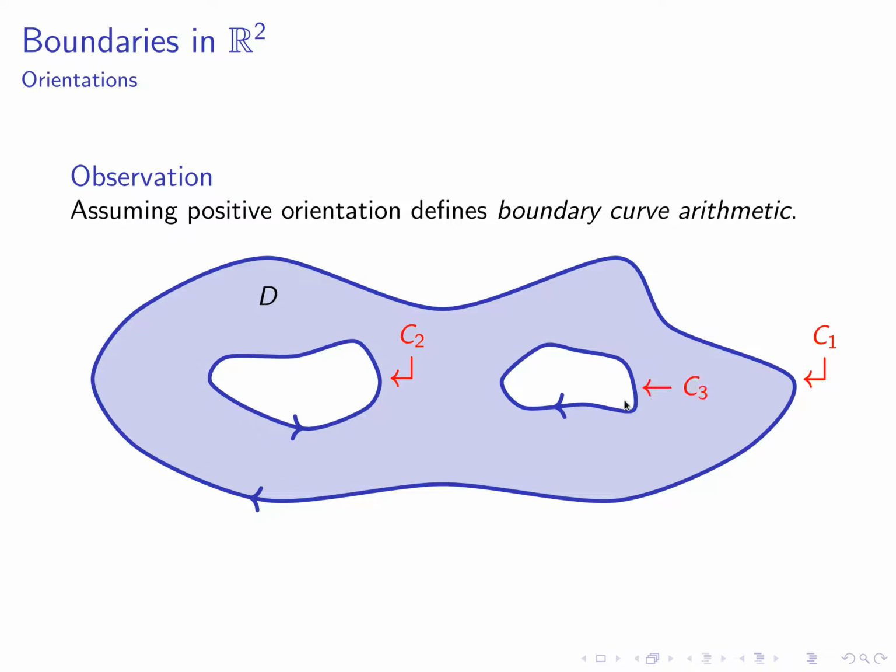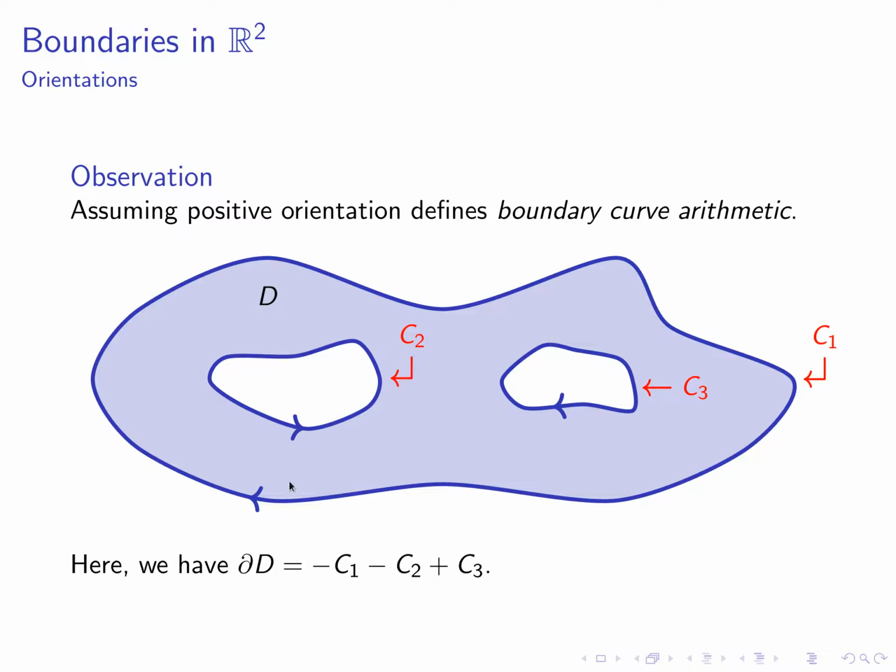And if we look at this last boundary curve, C3, we can focus on any point and look in the direction of the unit tangent, and we would find that the domain is to the left of the unit tangent. So this indicates that C3 is respecting positive orientation, whereas C1 and C2 respect negative orientation.